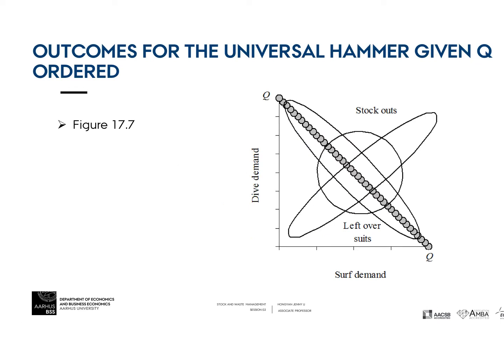Now let's see if you pool the two products together, produce a universal hammer, and order Q units. What's the outcome?